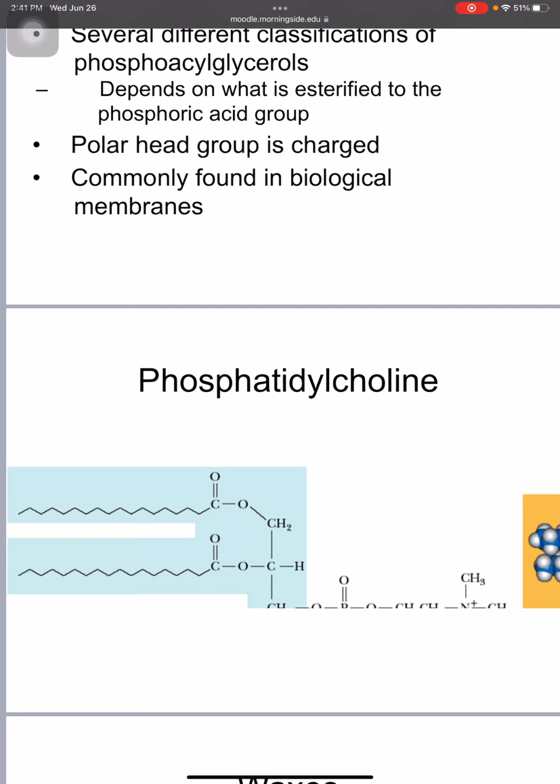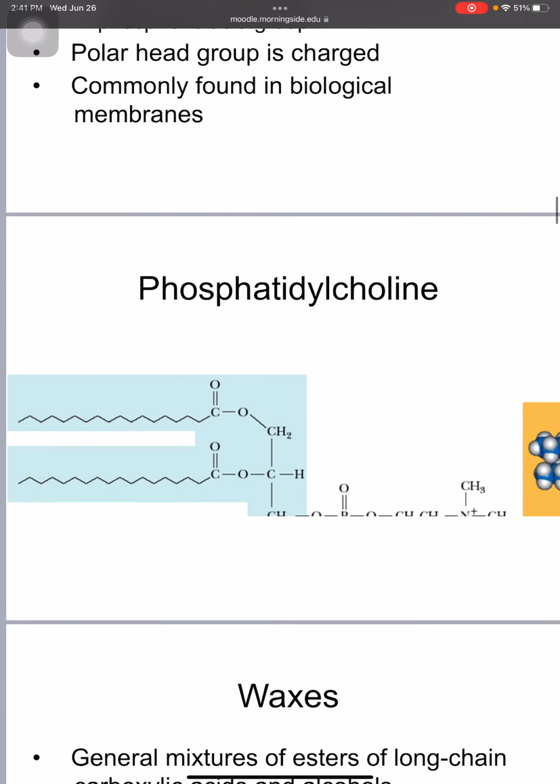All right, some of the specific ones. There's one called phosphatidylcholine. And again, if you look at the complete picture of this in the PowerPoint, you can see the structure.